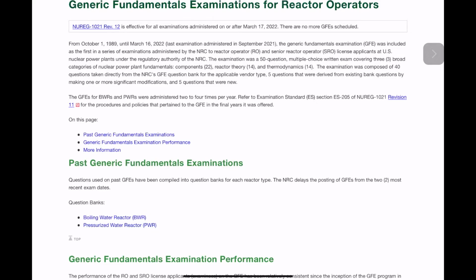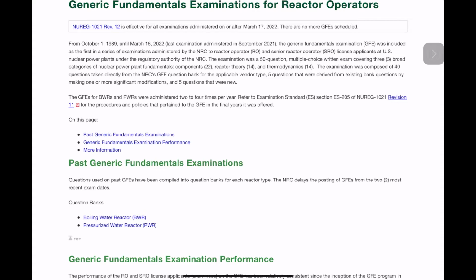It says here that for the Generic Fundamentals Examinations, they review 4 main topics. The first of them is components. The second main topic is reactor theory, and the third topic is thermodynamics.